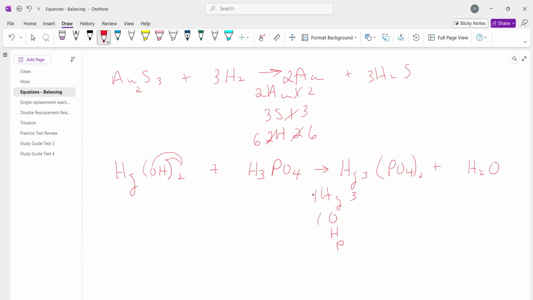So we have 6 oxygens. Over here we have 8 oxygens, plus 1 is 9 oxygens. H's, we have 2 over here, 4 over here, so that's 6. Okay, and then hydrogens on the right, we have 2. 1 P, 2 P's.